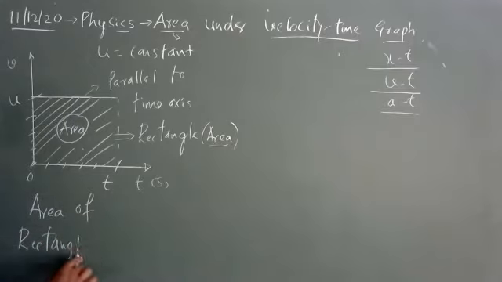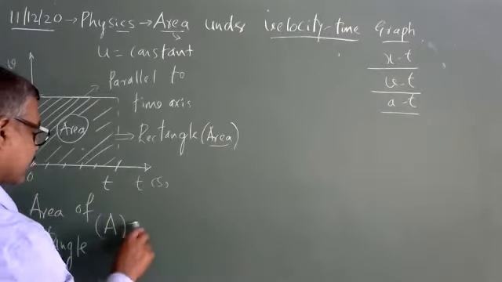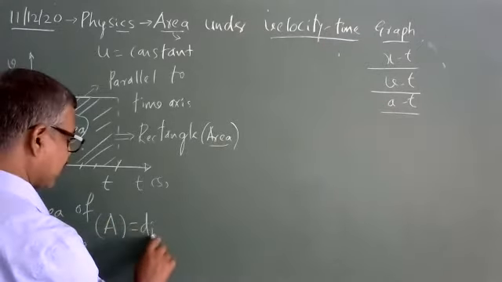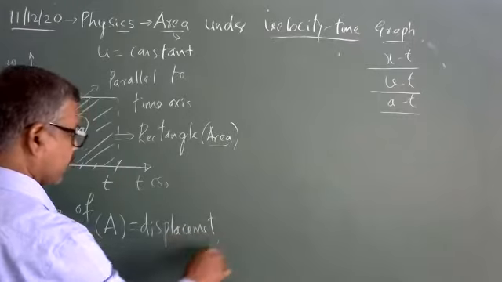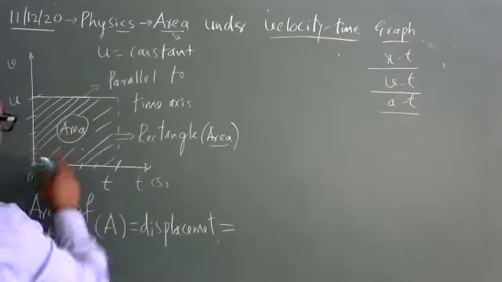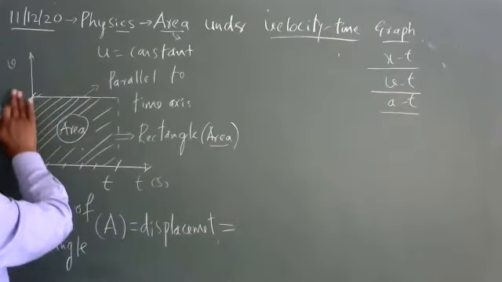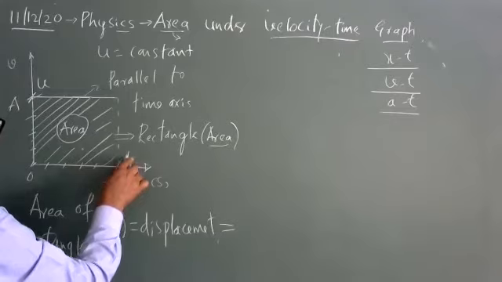The area of a rectangle is defined as A, but this area is nothing but displacement. I'll clarify how it comes. Now, the height is u, the velocity. Call it OA, and call the width OB.